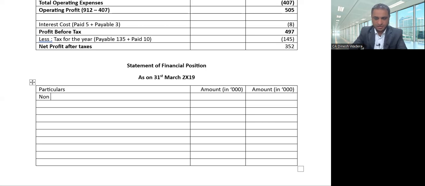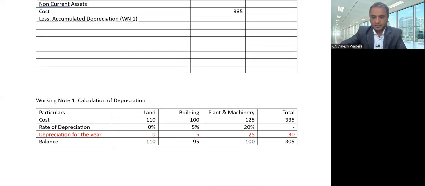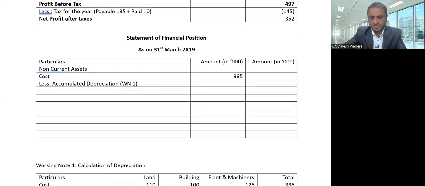So give a heading as non-current assets. Cost 335, less accumulated depreciation coming from working note number 1, which is 153.